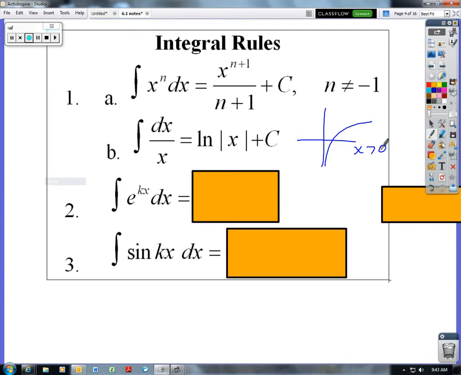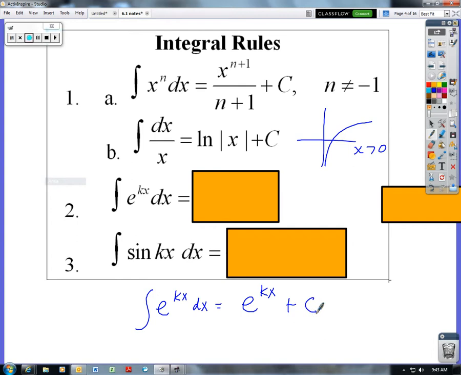And then this one, if you try to do it by hand, we'll do e to the kx dx. So think of a function whose derivative is e to the kx, and that's itself, e to the kx plus c.